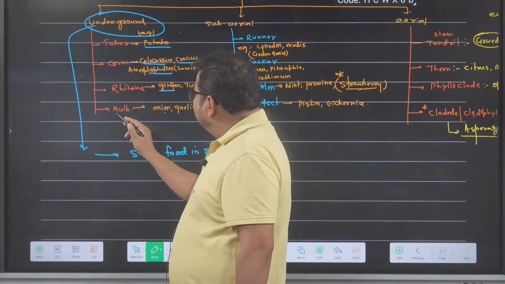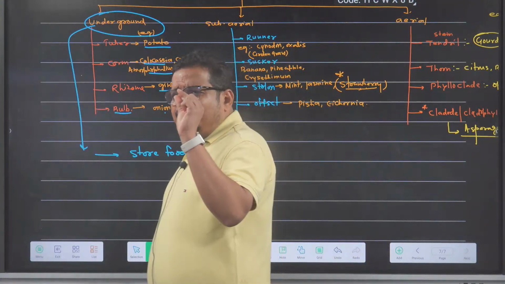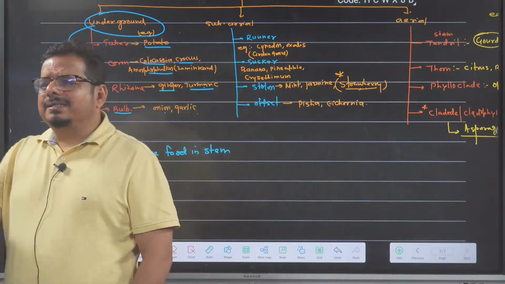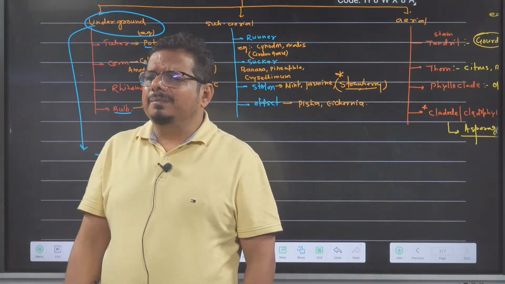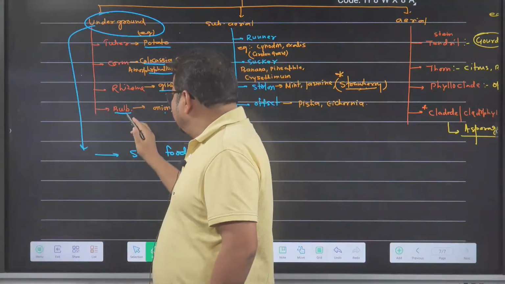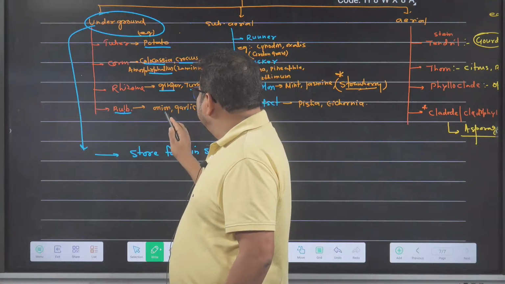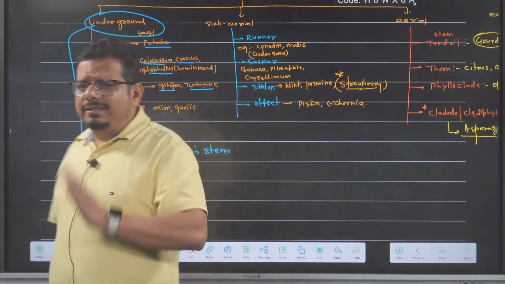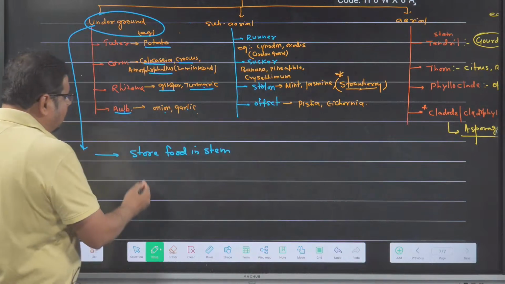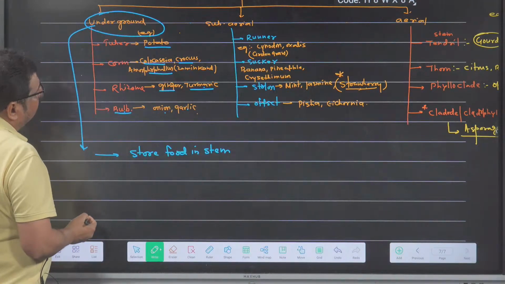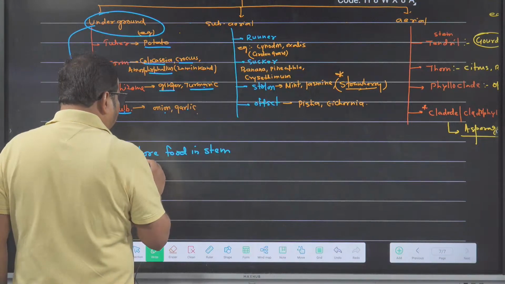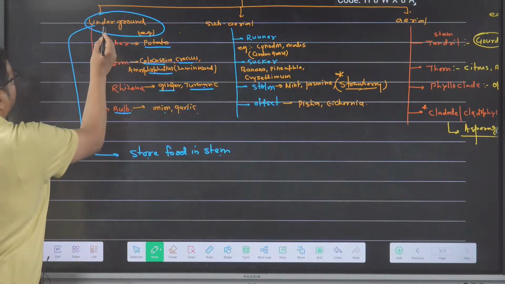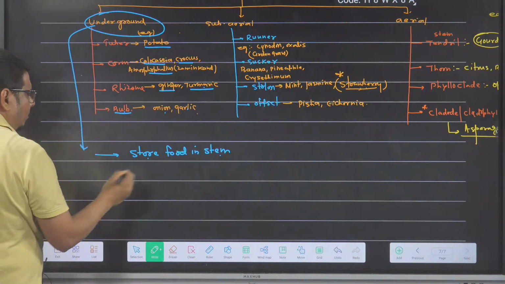Getting the things or not? In the bulb, you will find a small amount of fleshy stem, but it is not edible. In onion mainly, we are eating which part? Fleshy leaf. Getting the thing? But in a generalized way, we can write: store food in stem. In which one? Underground modification, a storage of food.